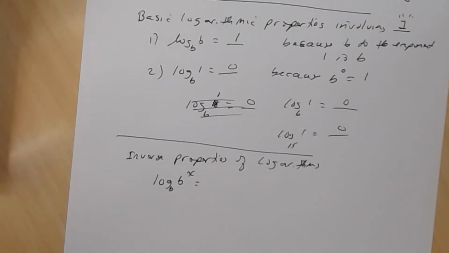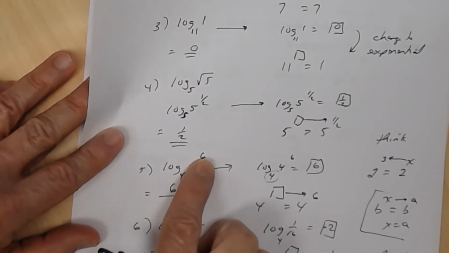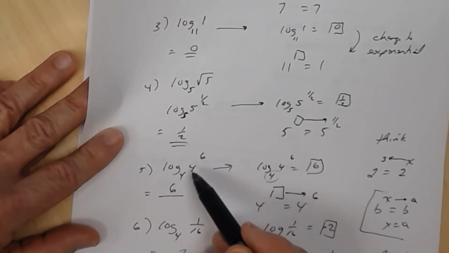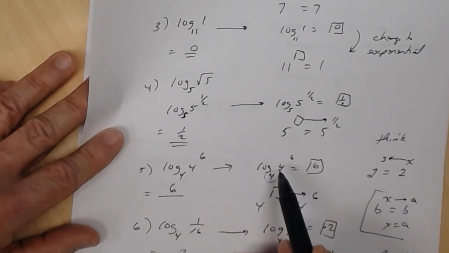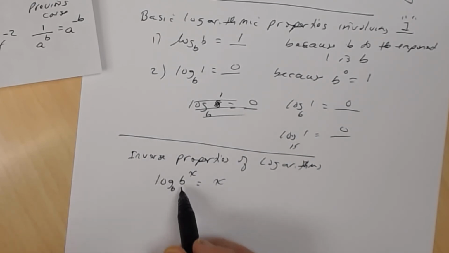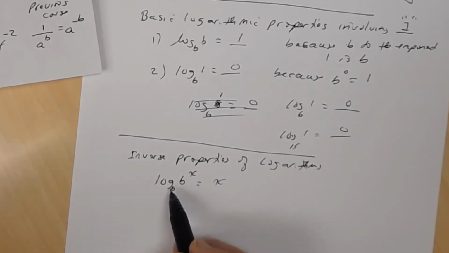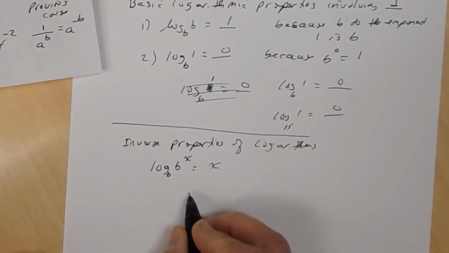So this was right here. When we said the log of 4 to the 6th power, see how the base of the argument and this base are the same, then the answer is just the exponent, right? So that's just going to be what? x. As long as the base of the argument and the base of the logarithm are the same, it's just the exponent.